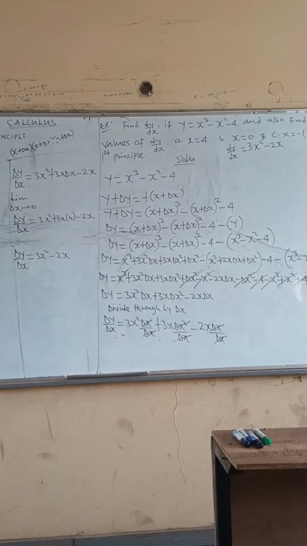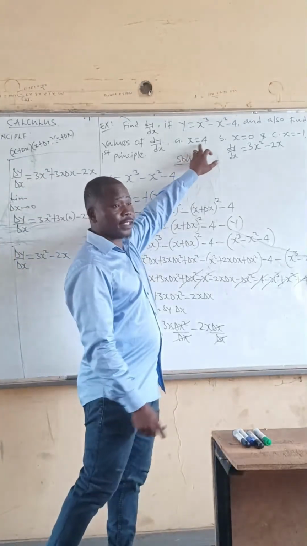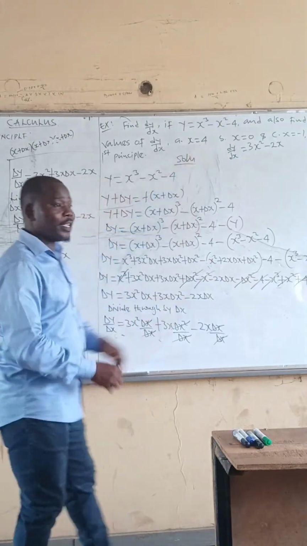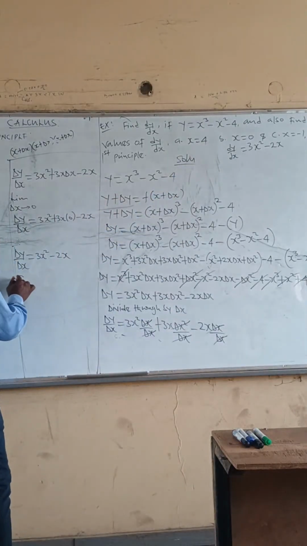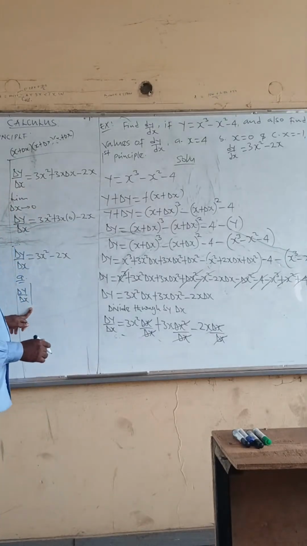Okay, let's now consider x equals to what? 4, right? So it means, A, what you need to do, our dy all over dx at x is what? 4, right?